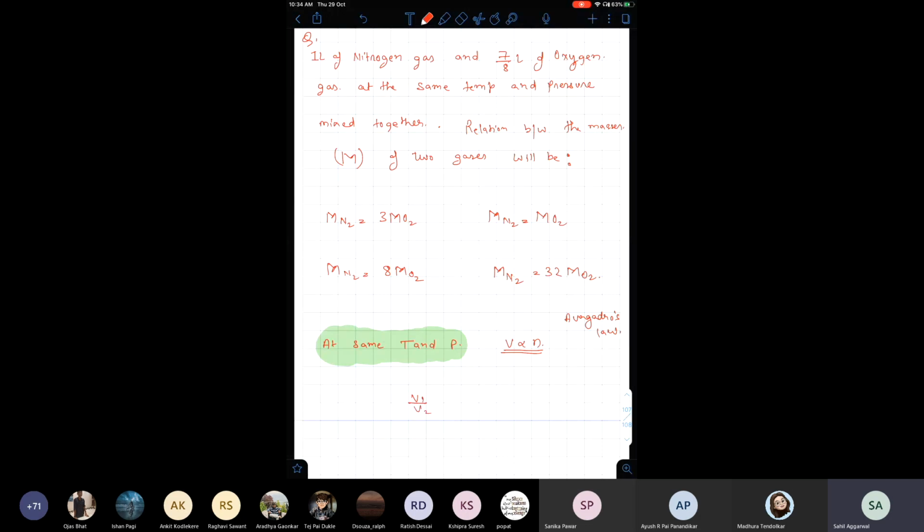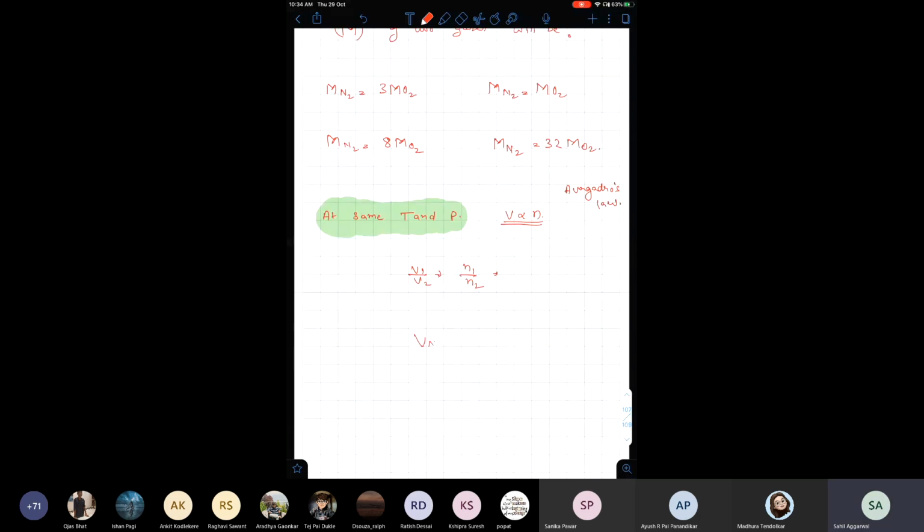So V1 by V2 will be equal to N1 by N2. We can say V of nitrogen divided by V of oxygen is moles of nitrogen divided by moles of oxygen, that is mass of nitrogen divided by mass of oxygen. So everything is given.